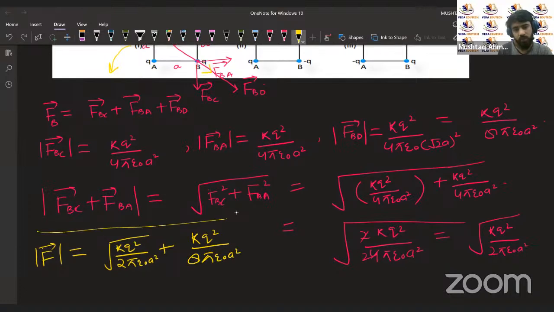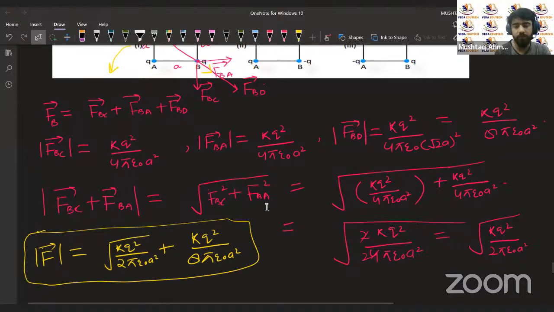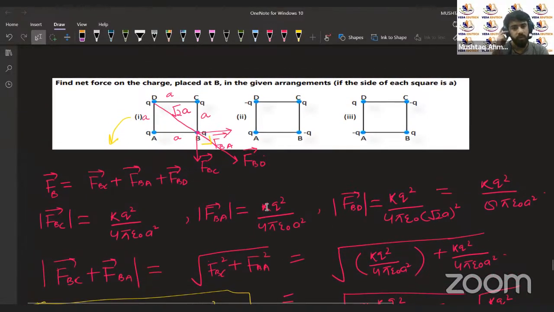So this will finally be the net force acting on the charge Q placed at point B, provided all the four charges are positively charged.